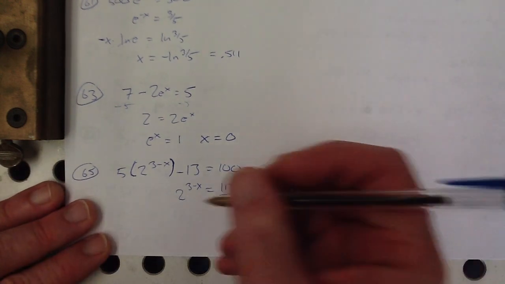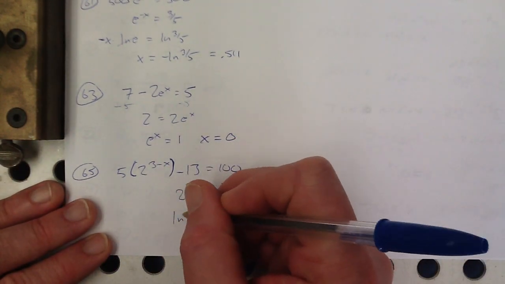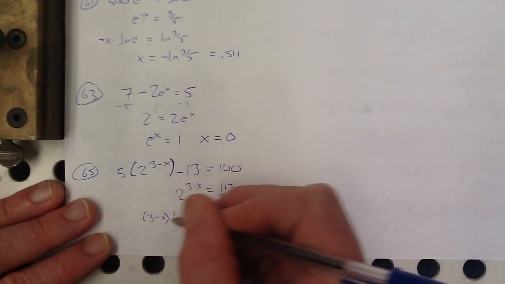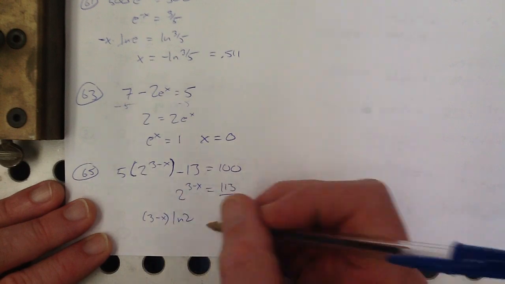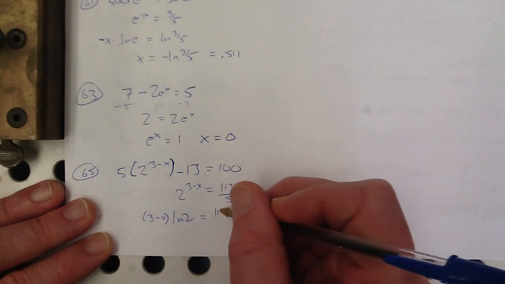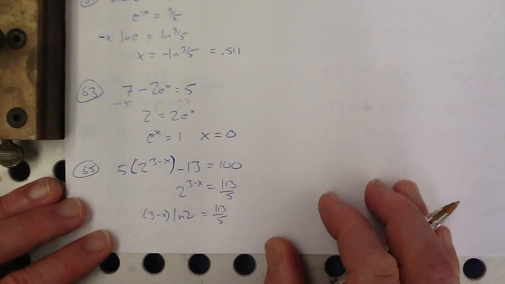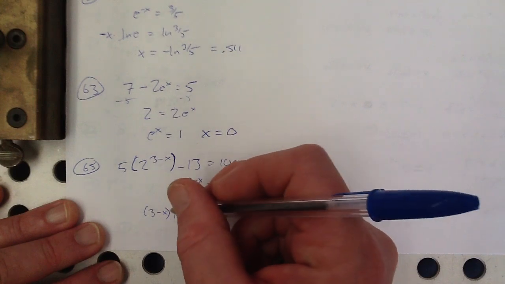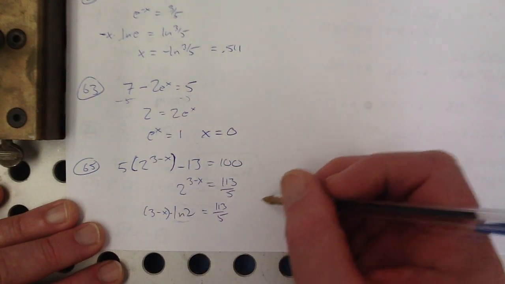Then I'm going to take the natural log of both sides, natural log 2, because that allows this 3 minus x to come out as an exponent. It needs to be in parentheses. If you don't put the parentheses there, it's wrong. And now I'm trying to solve for x, so I need to divide both sides by this, natural log 2.